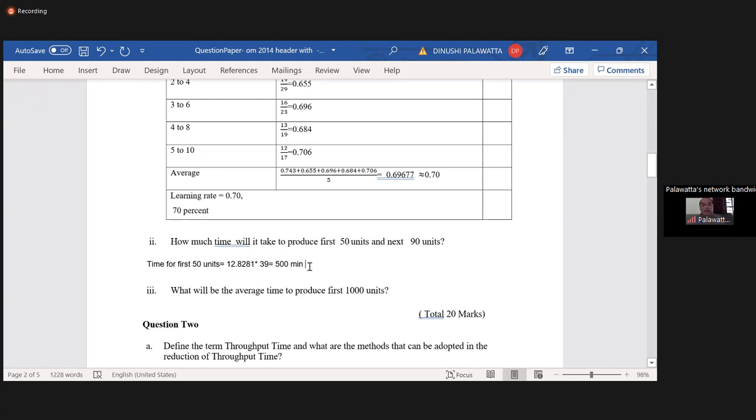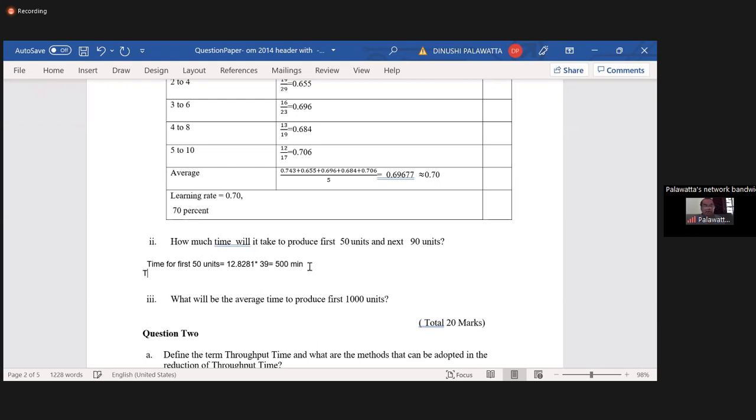And then next question is time for the next 90 units. So here, in this question, we have got the time for the first 10 units.